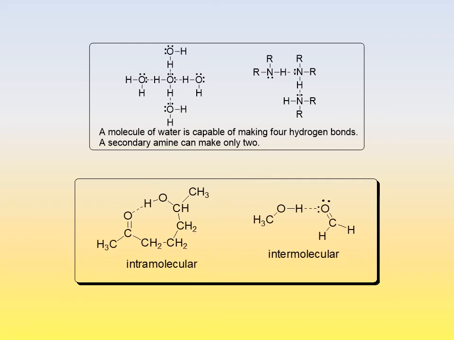Another very important feature of hydrogen bonding is that it could be intramolecular or intermolecular. All of the examples of hydrogen bond we encountered so far were intermolecular hydrogen bonding. That means hydrogen bonding between different molecules. But hydrogen bonding between the same molecule, intramolecular, is also possible. Here it's given on an example of simple organic molecule.